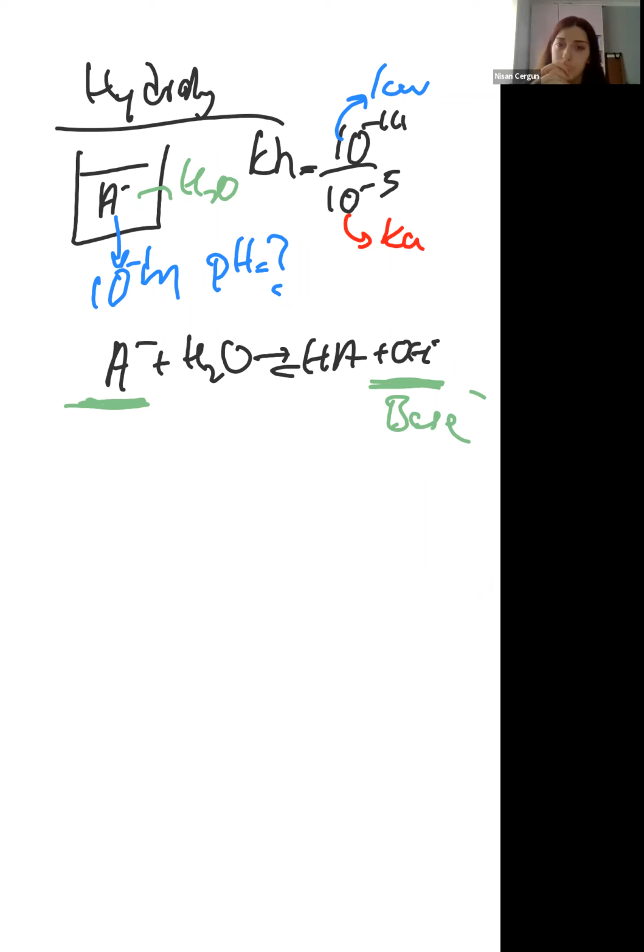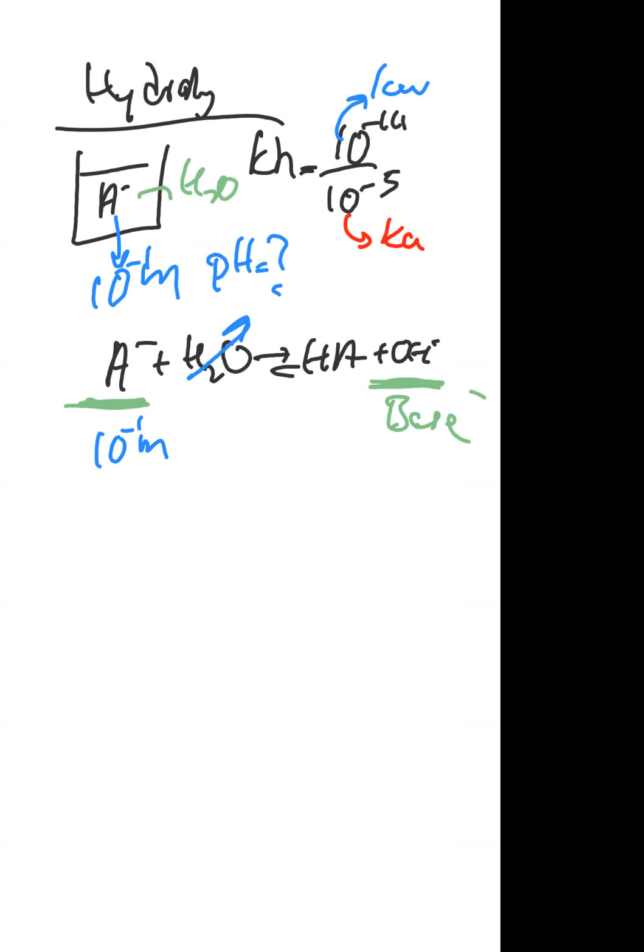Then let's see what we have. We have the concentration of A minus. We have no concentration definition for pure water because it's not possible to get a more concentrated version of pure water. Is it possible to have better water than water? No, it's not.